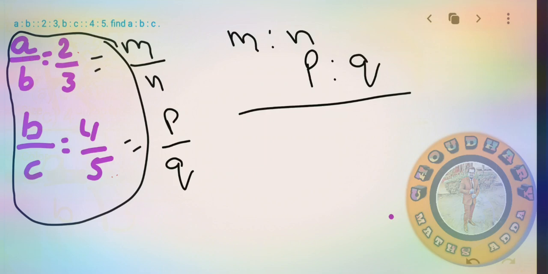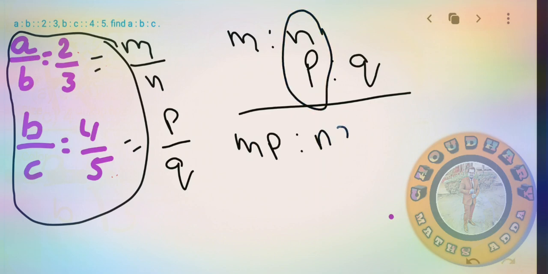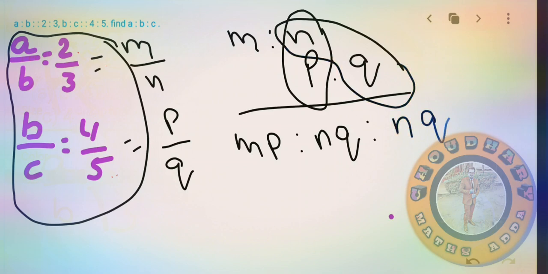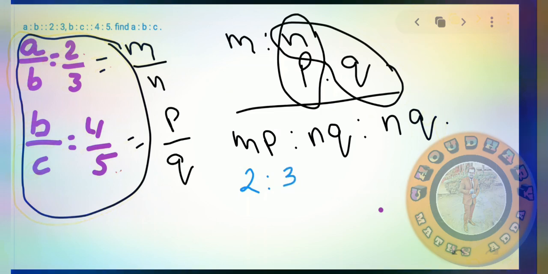So what we will do is multiply this number for the first, then it will be MP proportional. Second, multiply this and Q, and third multiply this and Q. So we can put this in our equation. 2 is to 3 and 4 is to 5.